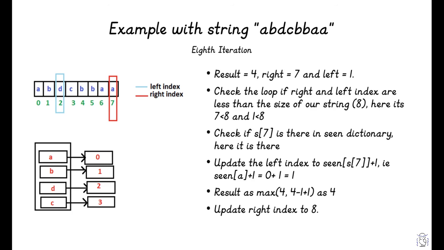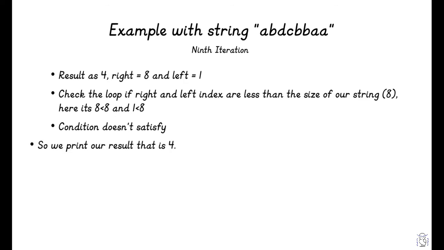Since A is available in our dictionary with value 0, we update our left index to 1. Then calculate the result as max of 4, 4 minus 1 plus 1 as 4, and update the right index to 8.